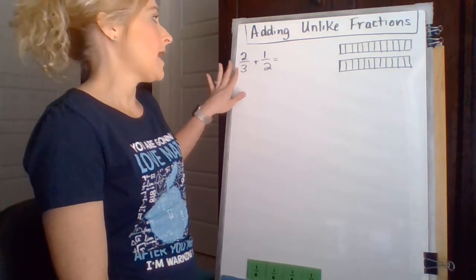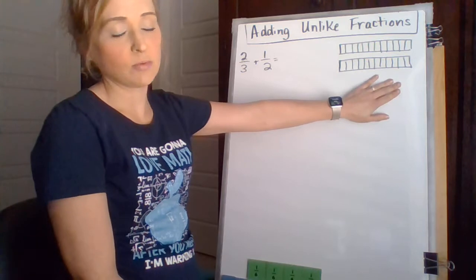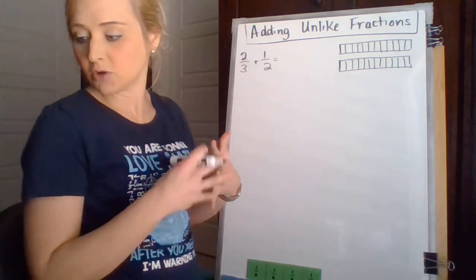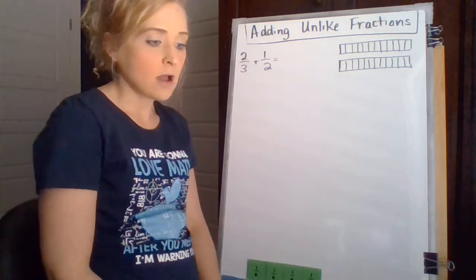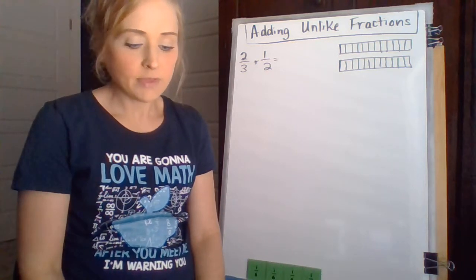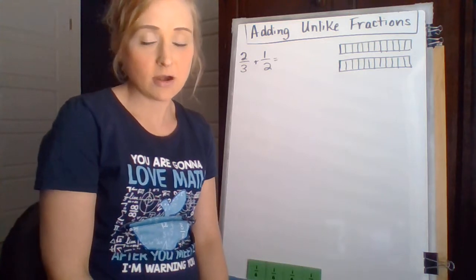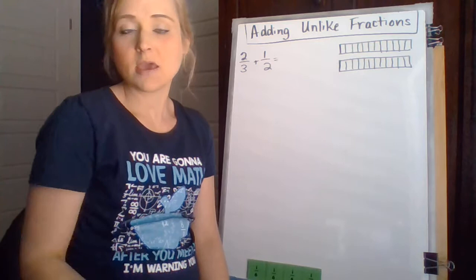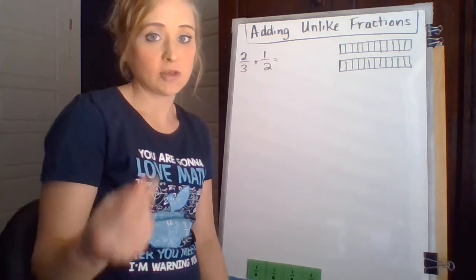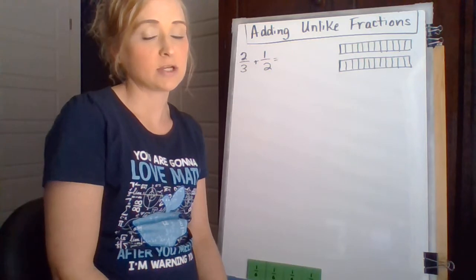You are asked to add 2/3 plus 1/2, and you're asked to fill in a picture with an equation, and in the middle you're asked to rewrite with common denominators. There are different ways that you can go about finding a common denominator, and I'm going to post a picture in the comments of the flow map that we have for adding and subtracting unlike fractions.